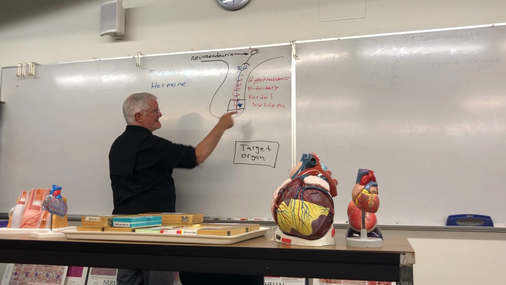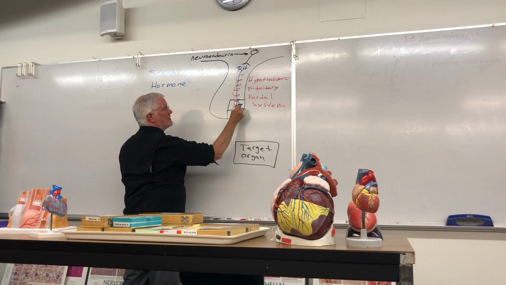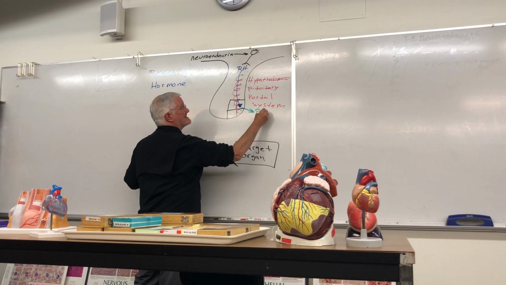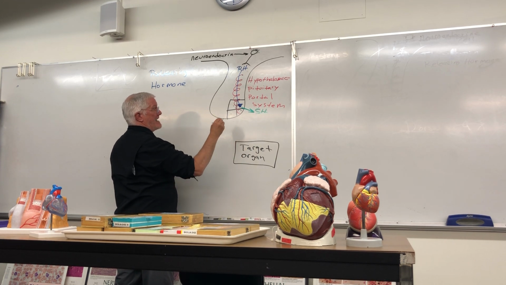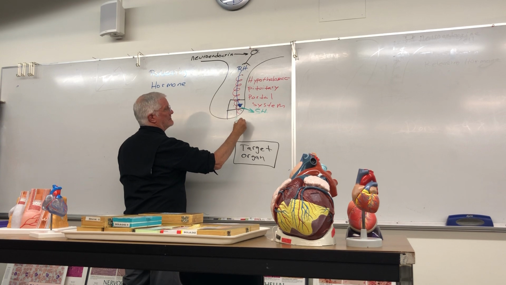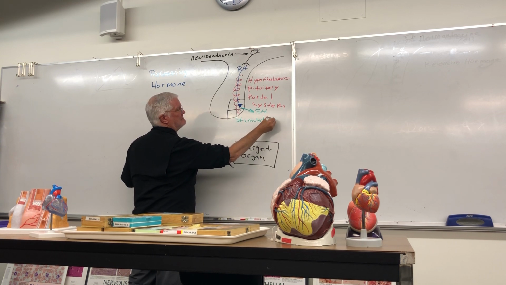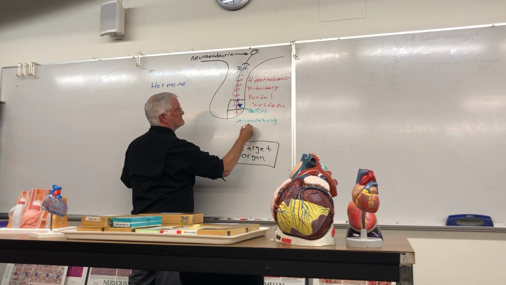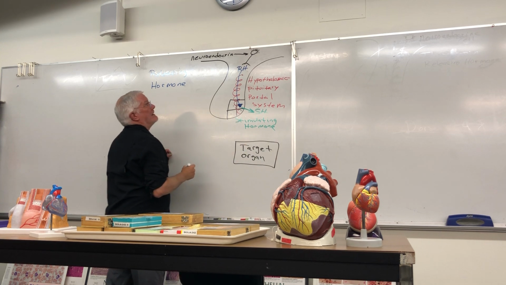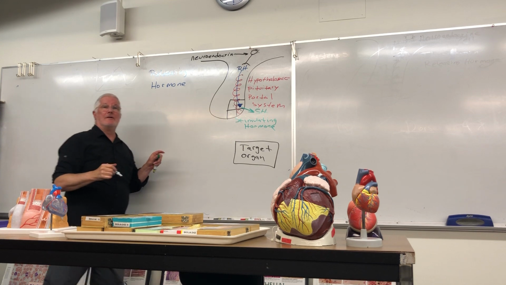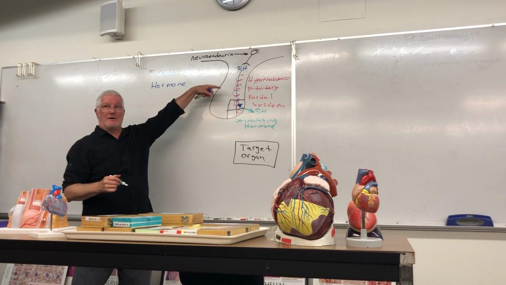In response to that, the cells of the anterior pituitary are going to release their type of hormone in response to the releasing hormone, and they're going to release what's known as an SH, which stands for stimulating hormone. Now, take a moment and think about where we're finding this releasing hormone. It's only traveling through this portal system.